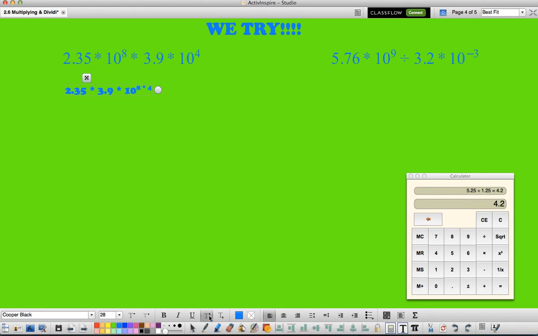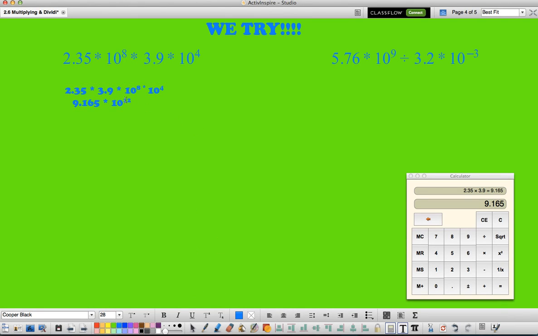And now I can go ahead and do 2 and 35/100 times 3 and 9/10, which gives me 9 and 165 thousandths times, well, I add my exponents, so I get 10 to the 12th power.